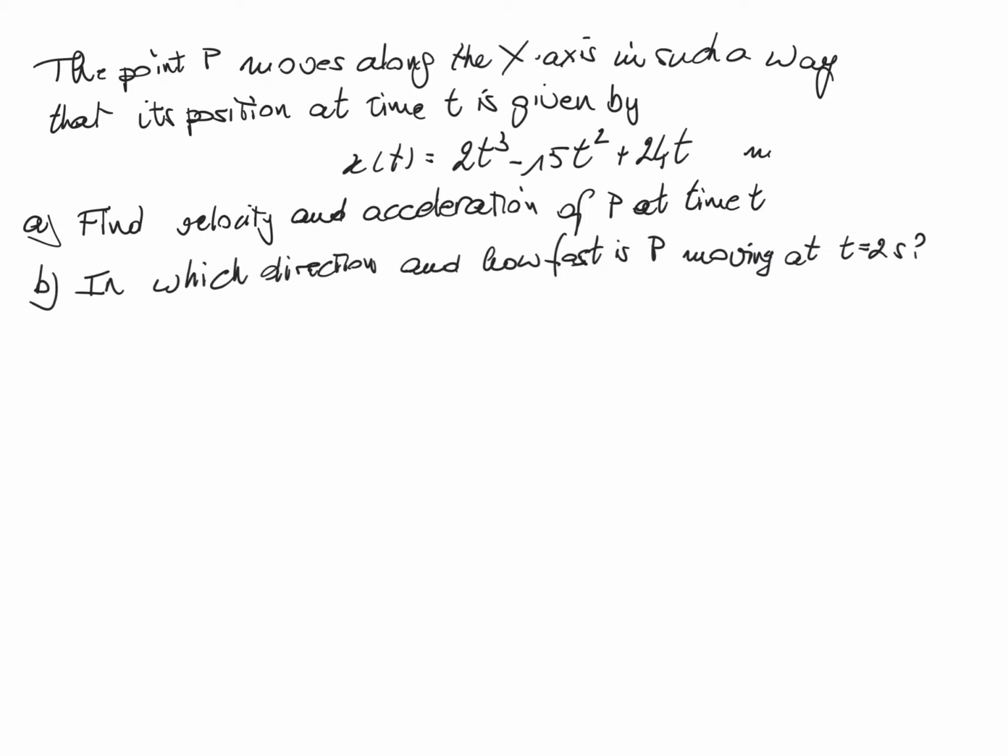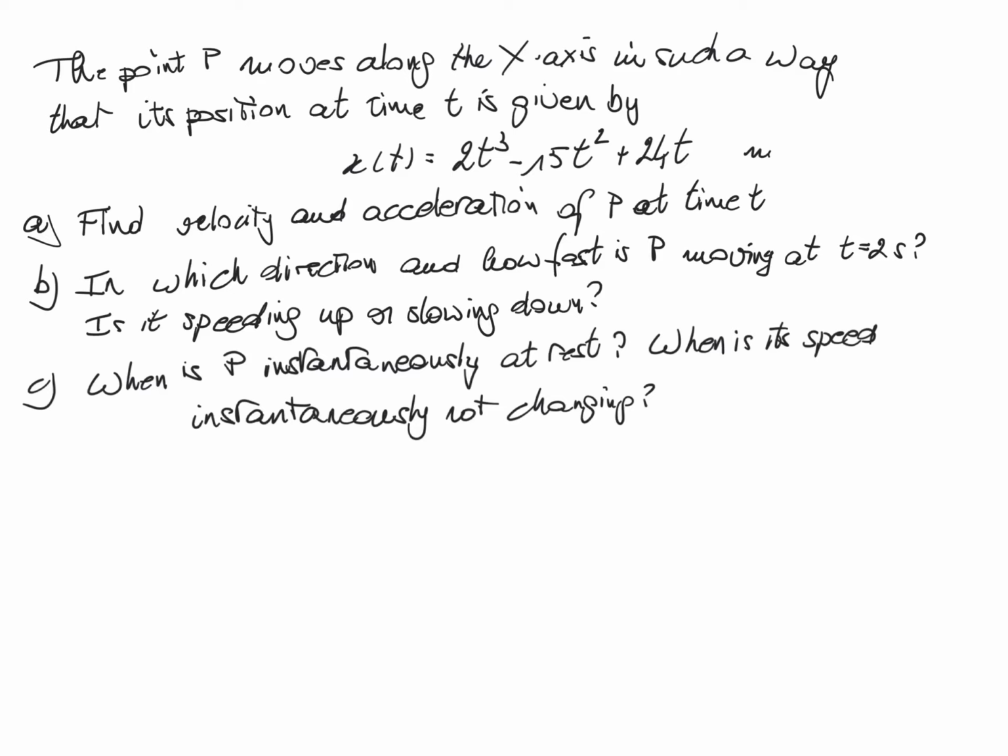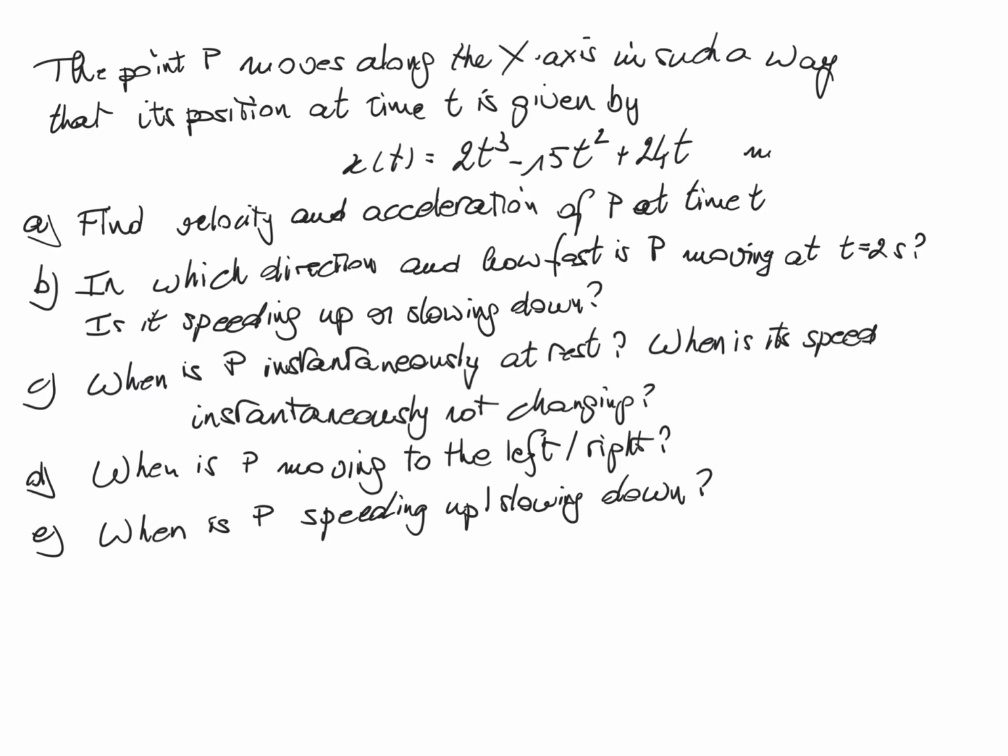In which direction and how fast is the point moving at the time point 2 seconds? Is it speeding up or slowing down at that time? When is P instantaneously at rest? When is its speed instantaneously not changing? When is the point moving to the left? When is it moving to the right? And determine also when it is speeding up or slowing down.